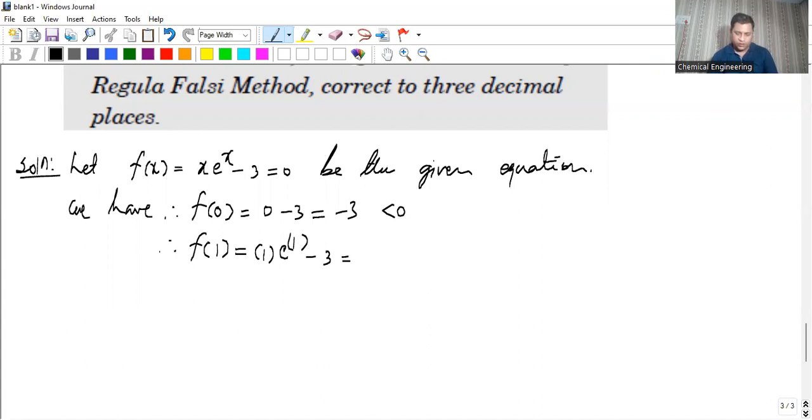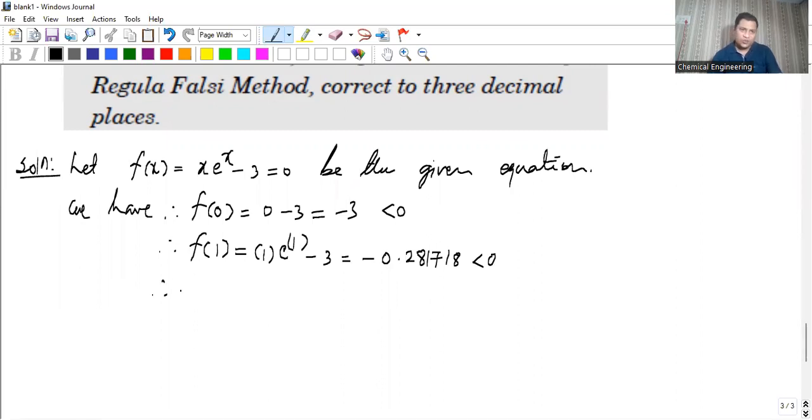You can type this equation directly in the calculator and calculate the value. It's minus 0.281718. So it is minus 0.2817, 1718, right? Yes, sir. And this is less than 0.